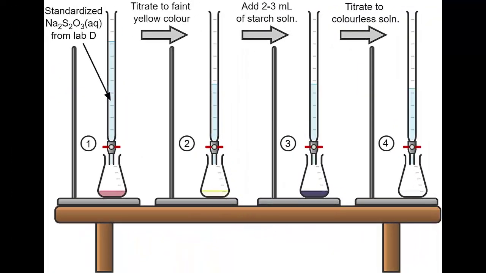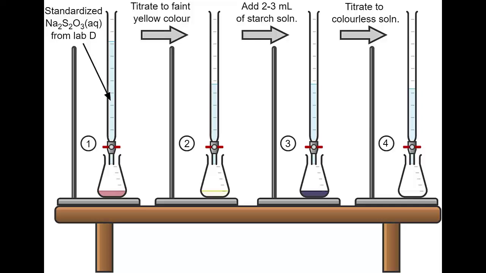The stages in the titration are the same as what was experienced in Lab D. The thiosulfate titrant is added until a faint yellow color is observed. This indicates that most of the aqueous iodine has reacted with the thiosulfate anion.